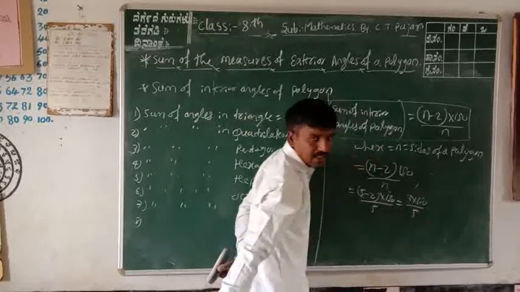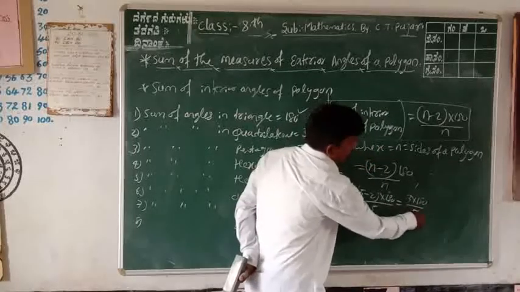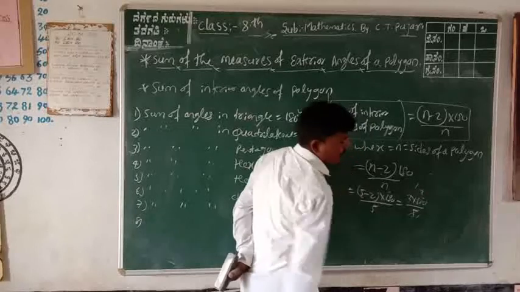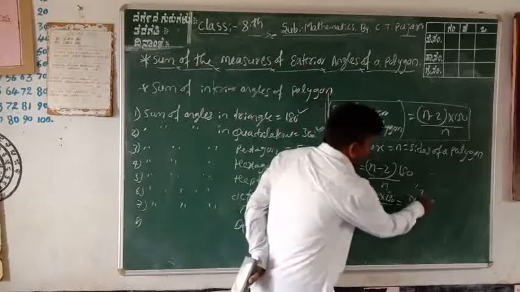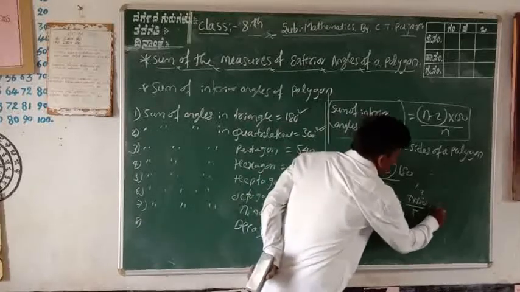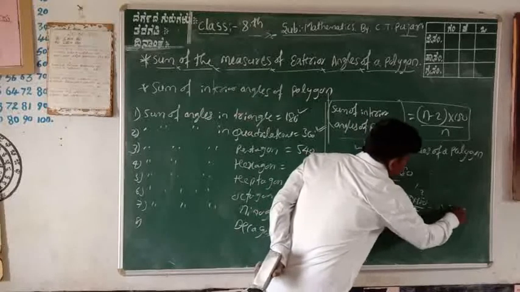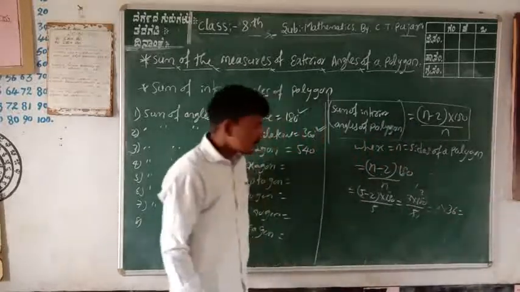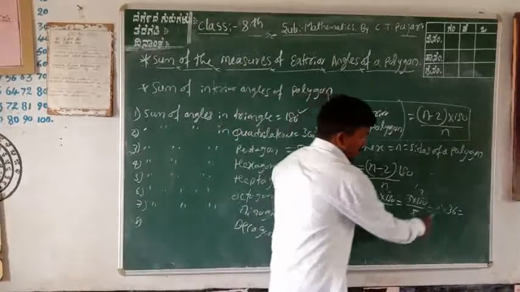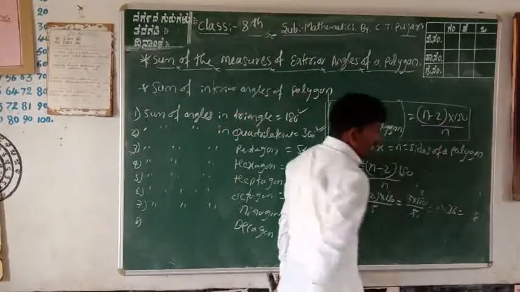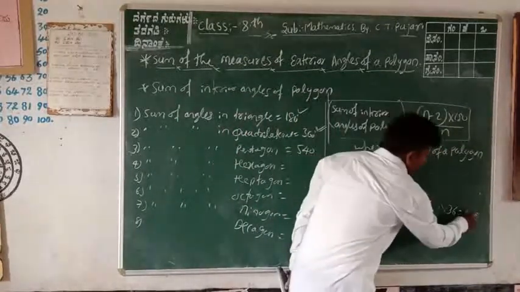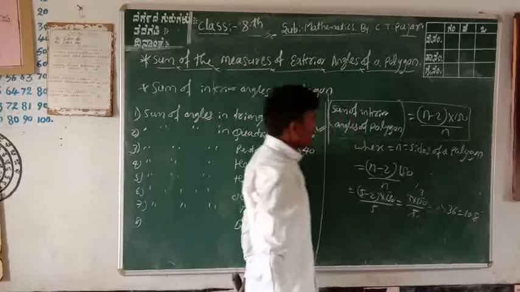Again cancellation. 5 ones are 5, 5 thirty-sixes are 180. Therefore, 3 into 36 is equal to 108.